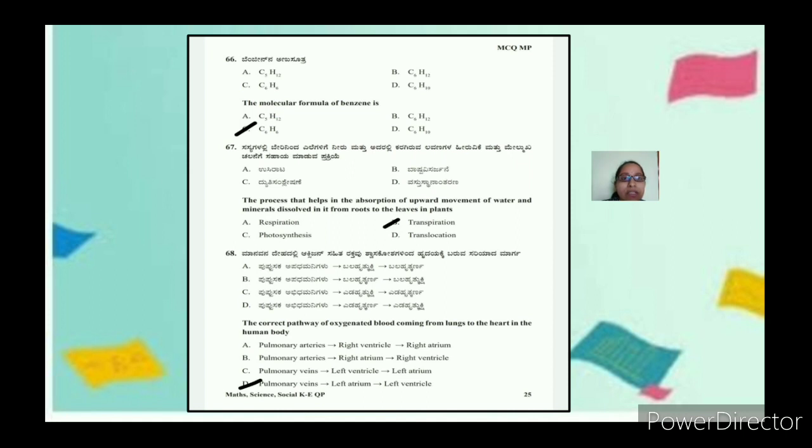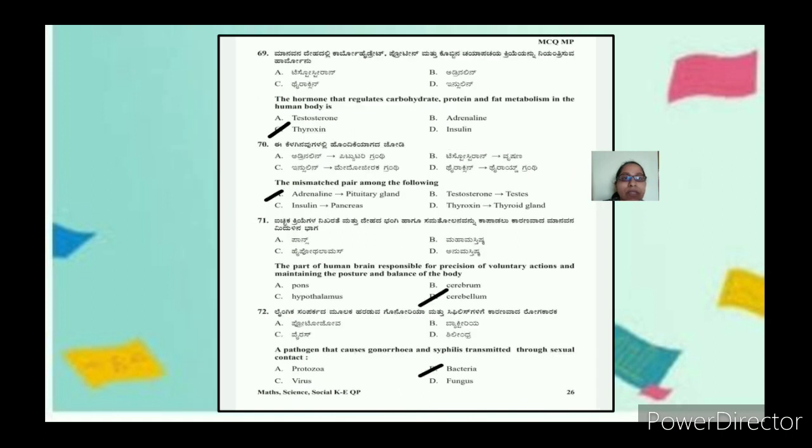Next question relates to the correct pathway of oxygenated blood coming from lungs to the heart in the human body. So it is pulmonary veins to the left atrium, from left atrium to the left ventricle. Next question, the hormone that regulates carbohydrate, protein and fat metabolism in the human body is.